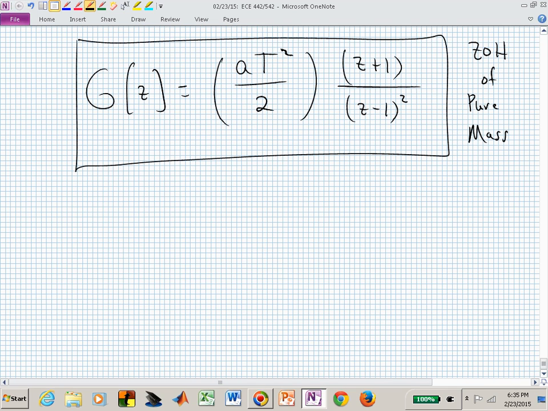What if we put some numbers in here. Suppose we let the mass be 1 kilogram. A was the reciprocal of that, so A becomes 1. And suppose that we get real creative with our sample period and we let that be 1 second. Now what's G of Z look like?